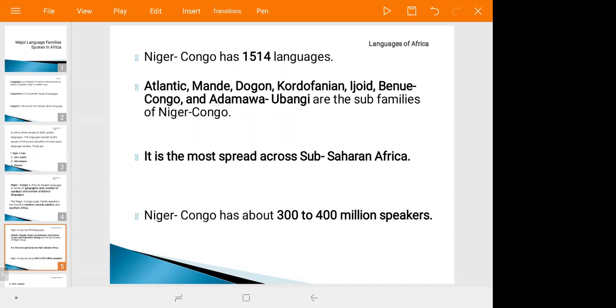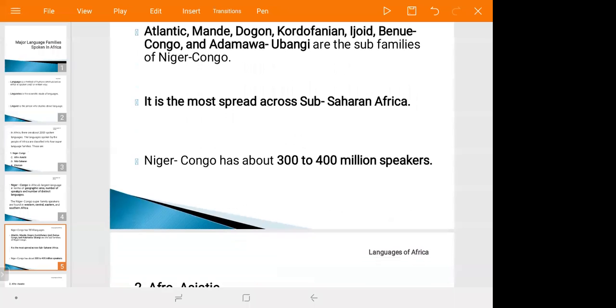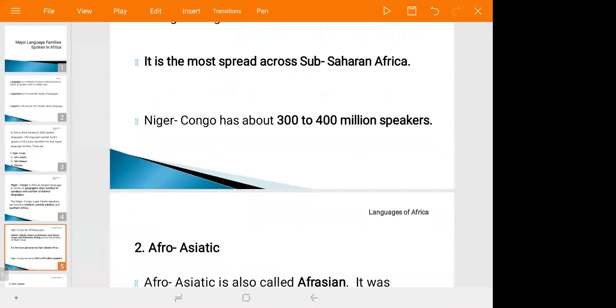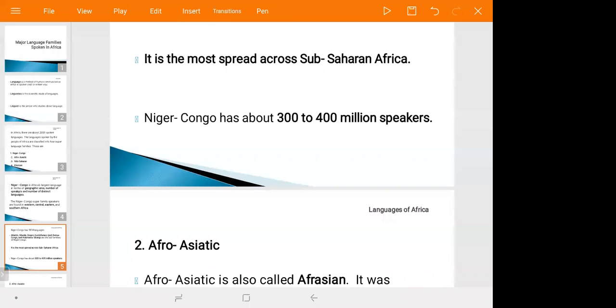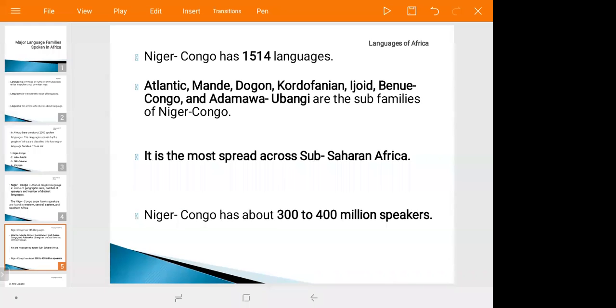There are also many languages under these subdivisions. So these are the sub-families, and it is the most spread across sub-Saharan Africa.